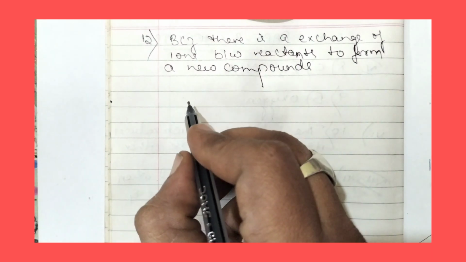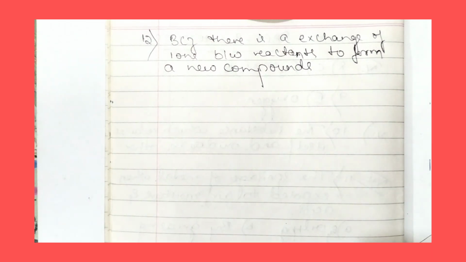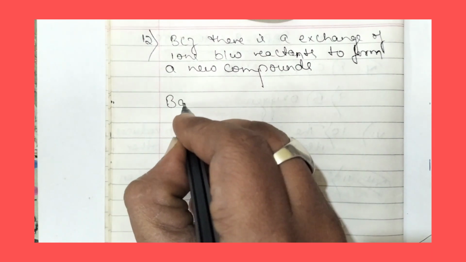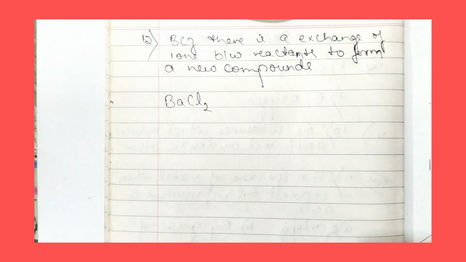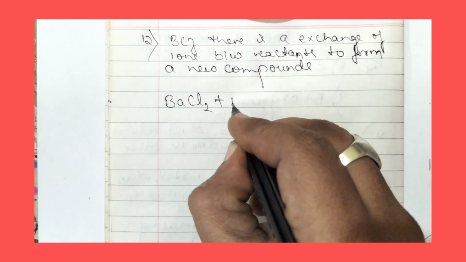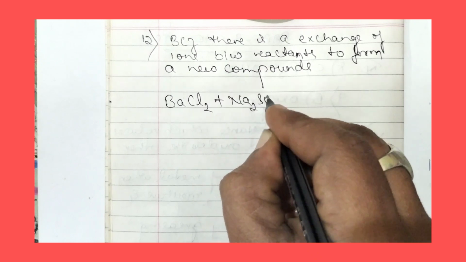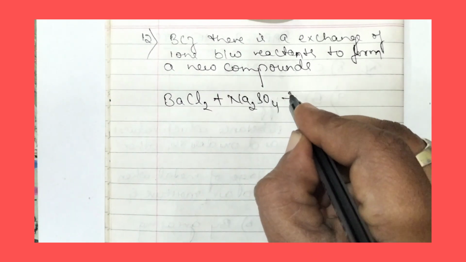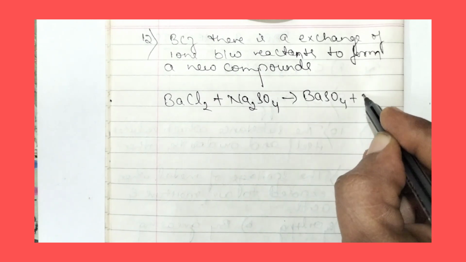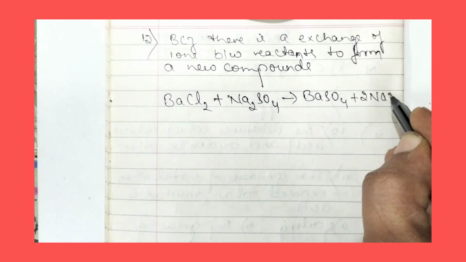Now let us write the balanced equation for this one. Barium chloride, BaCl2, when it reacts with sodium sulfate, Na2SO4, gives BaSO4 plus 2NaCl.